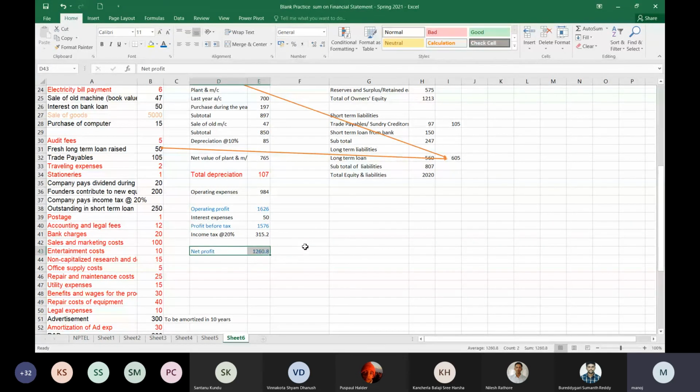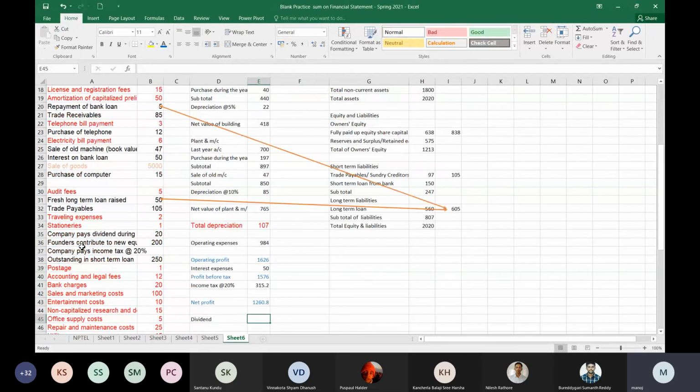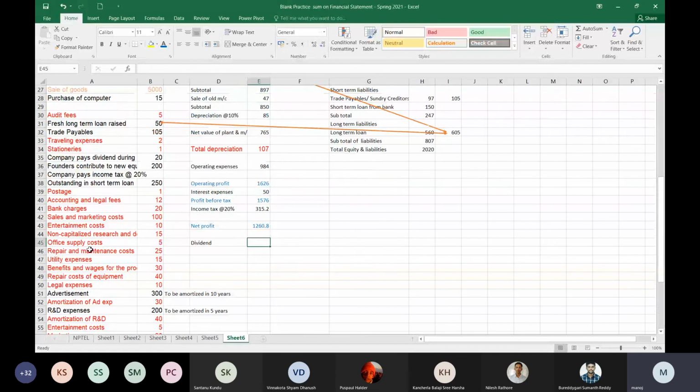A lot of things are done. Now let us see if the company is paying any dividend to the owners. Dividend payment. I remember we saw something about dividend. It's not here. Companies paid dividend during the year is 20 rupees. So let's say, profit is quite high. So rather than 20 rupees, let us pay 200 rupees. It's a good year.